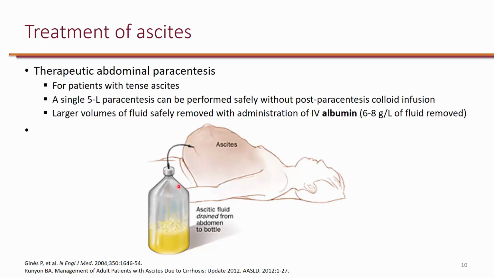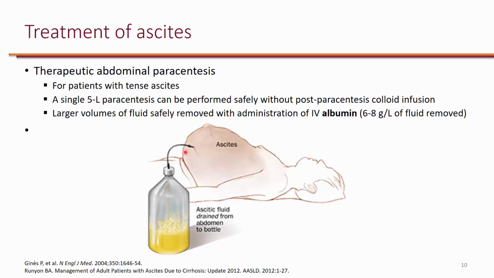For example, they could get 10 liters. Now, this can be dangerous because once you remove this fluid from the peritoneal space, the body wants to refill it. So the body will try to fill the peritoneal space again, which means that fluid will come from circulation.